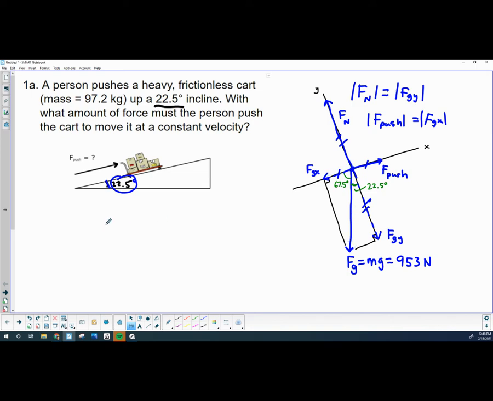So I'm going to go ahead and write cosine of 67.5 degrees would equal the adjacent side, FGX, and I'm working with magnitudes here, over the hypotenuse, which is the full strength of gravity, the pull of gravity on the object. That's 953 newtons.